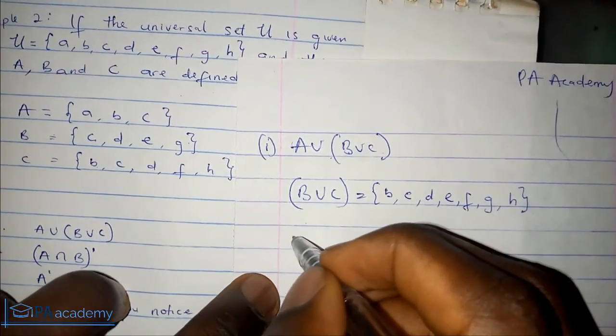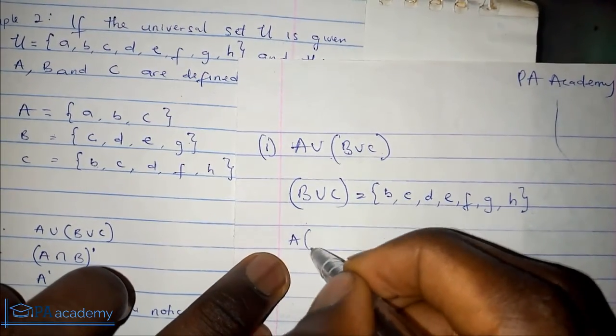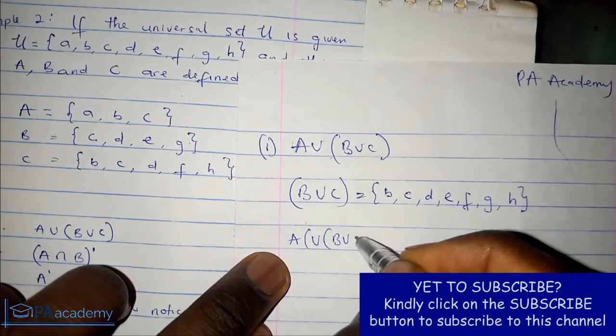The next thing we are going to do is look for A union (B union C).